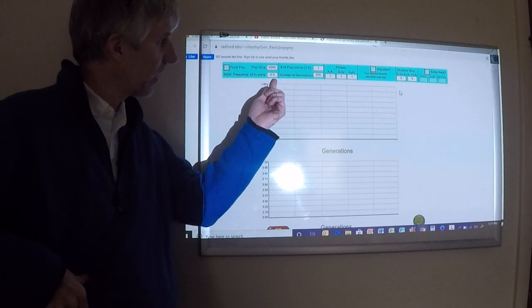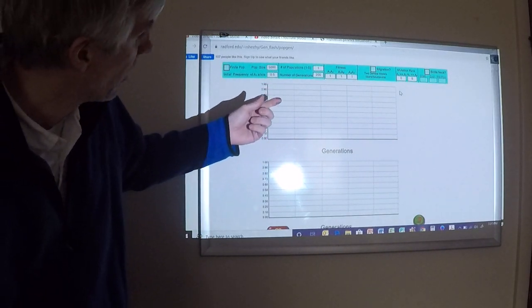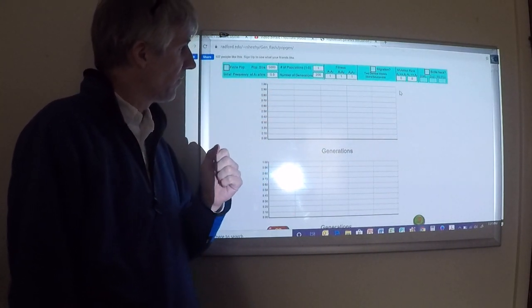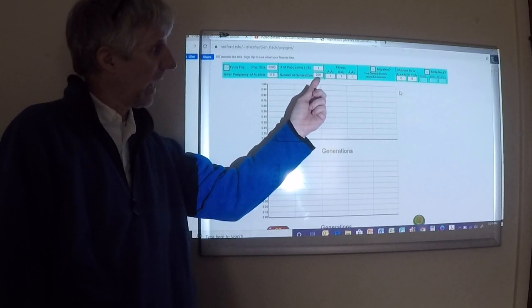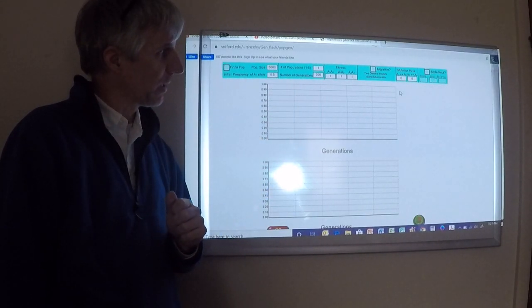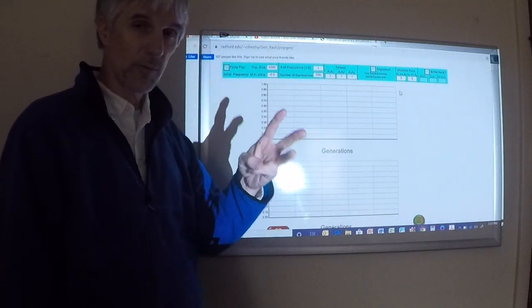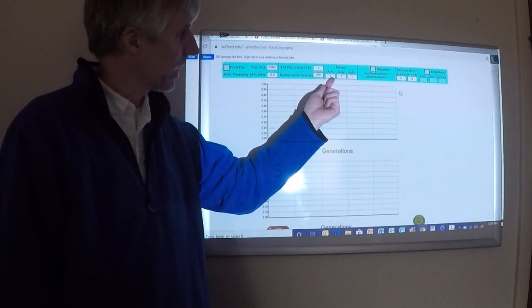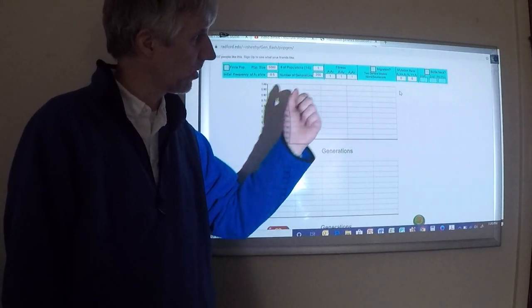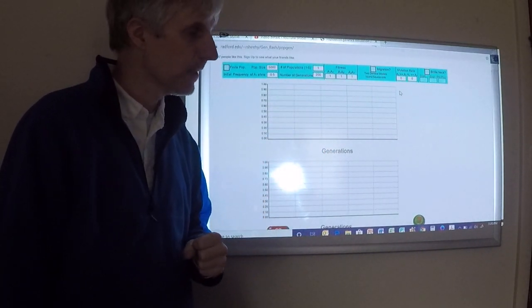I'm going to work out here with a population of 5,000 individuals. We're going to allow the population to go out 200 generations. And as promised, here are the fitnesses of our three genotypes: homozygous A1, heterozygous, and homozygous A2.